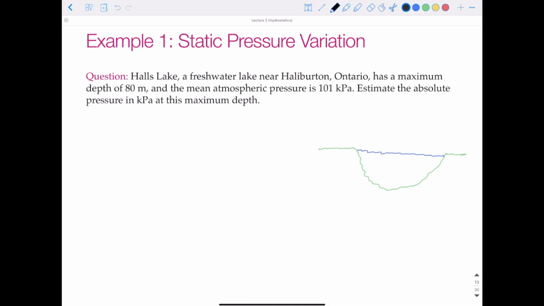It has some depth at the bottom, which is 80 meters. The atmospheric pressure is equal to 101 kPa. What is the absolute pressure in kPa at this maximum depth?